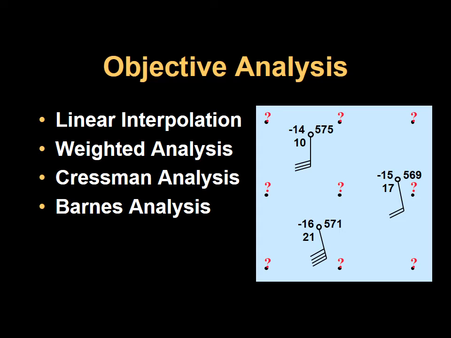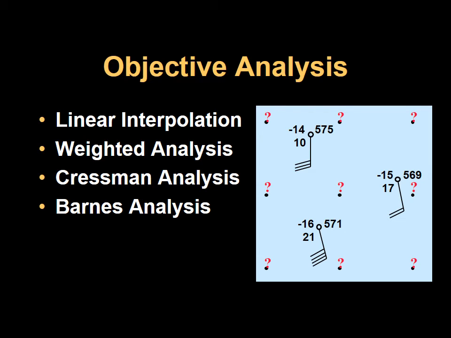And most of you are probably familiar with the very basic one called linear interpolation, using some sort of scheme to estimate those values at that point. But then there are also weighted analyses where it depends upon the distance, or perhaps on some points being more important than other points.